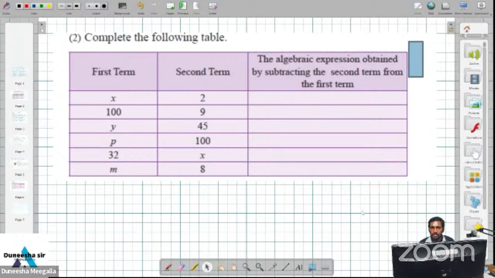Subtract the second from the first: x minus 2. What is the next? Second row is 91. Can you fill the other blanks? Yes, sir. Okay.